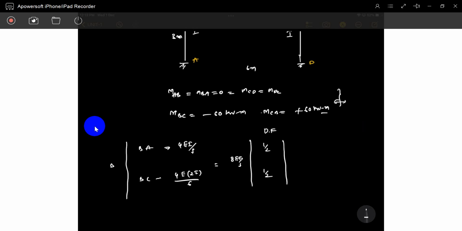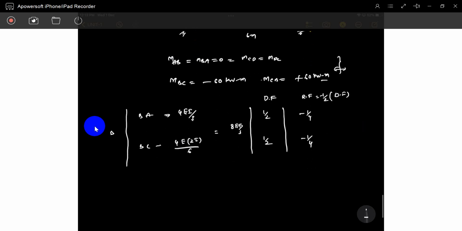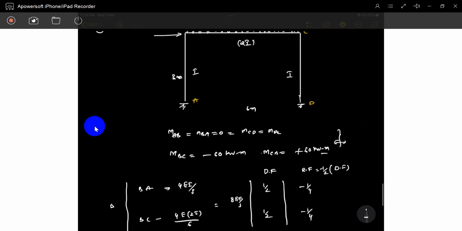So the rotation factor is minus of the distribution factor. You already know what it is: minus 1 by 4, minus 1 by 4. Joint C, CB, CA, CD, you will get the same thing. No need to calculate it.